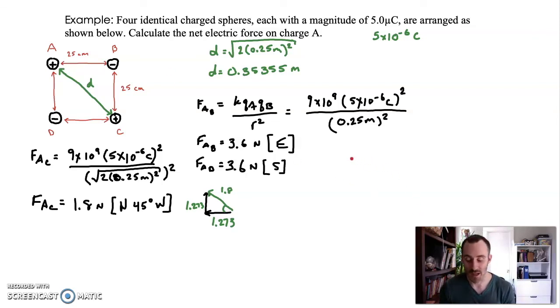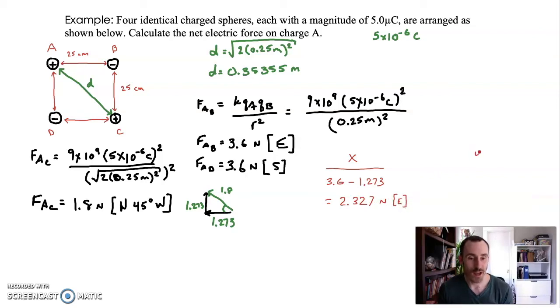So here are my x components. So I have 3.6 east and 1.273 west. So 3.6 minus 1.273 equals 2.327 newtons toward the east.